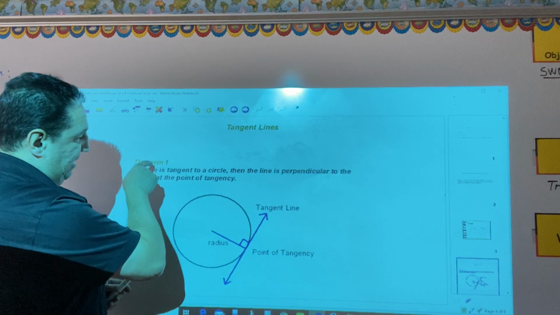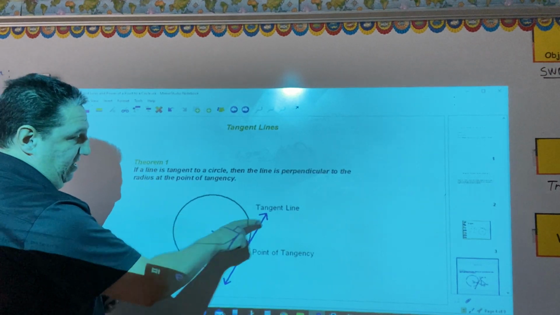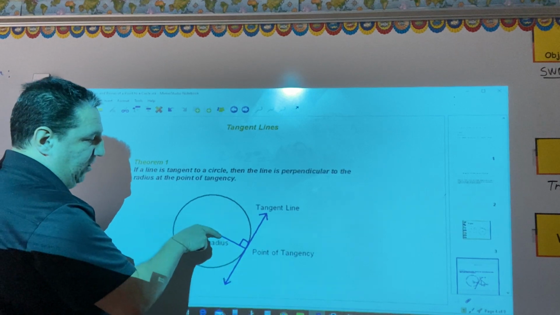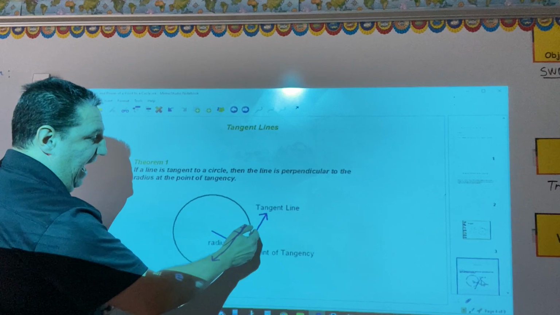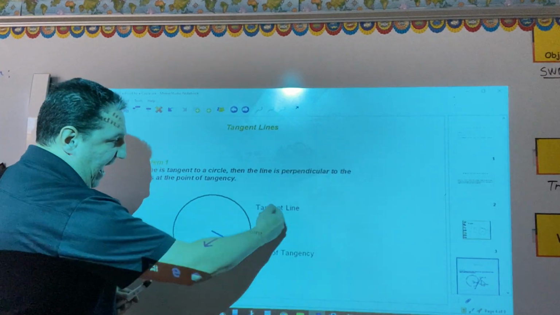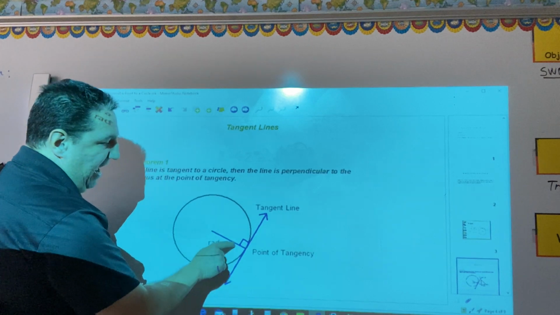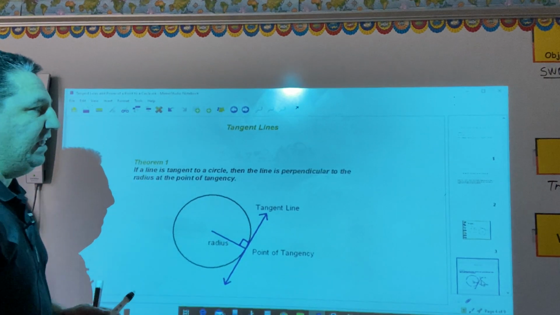That theorem states the tangent is perpendicular to the radius of the circle at the point of tangency. In other words, the radius and the tangent make a right angle at the point of tangency.